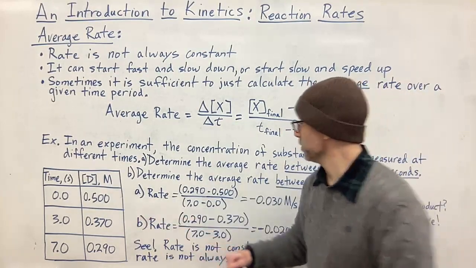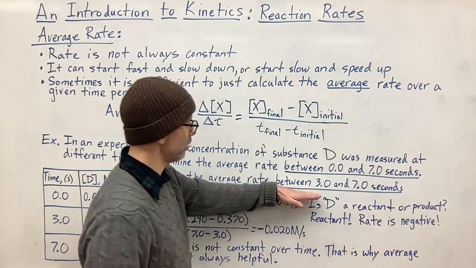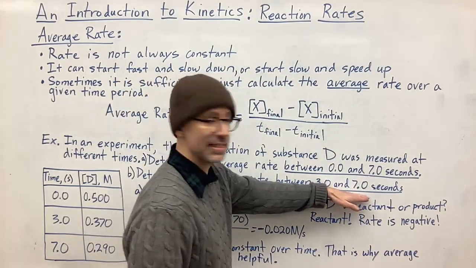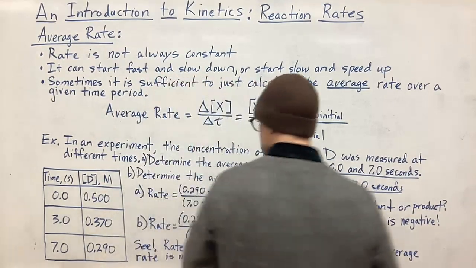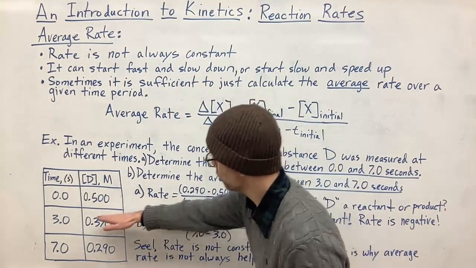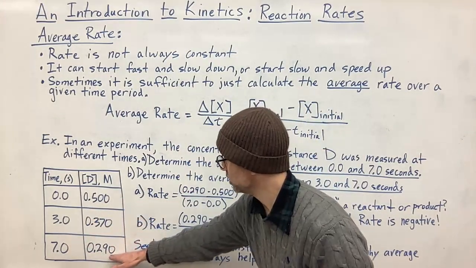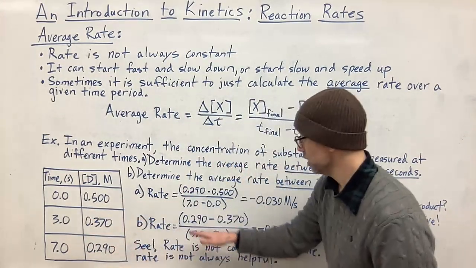So what about B? For B, we want to do the same calculation, but this time between 3.0 and 7.0 seconds. So we take 3 and 7. The final concentration again is 0.290.